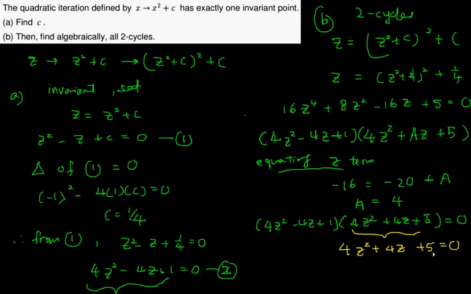And here, by factorization, I think you probably need to use a formula. Yeah, I'm sure you need to do that. You're able to find that z is equivalent to negative half plus or minus i, and hence the two cycles are these two values, negative half plus or minus i. So I hope that you try that and learn something from it. Thanks.